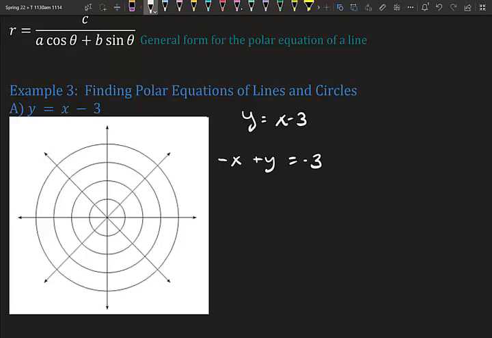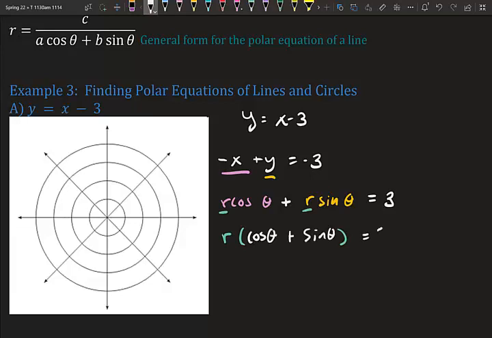X stands for r cosine theta, y stands for r sine theta, and it equals negative 3. Now we factor out the r. So we'll have r times negative cosine theta plus sine theta equals negative 3.